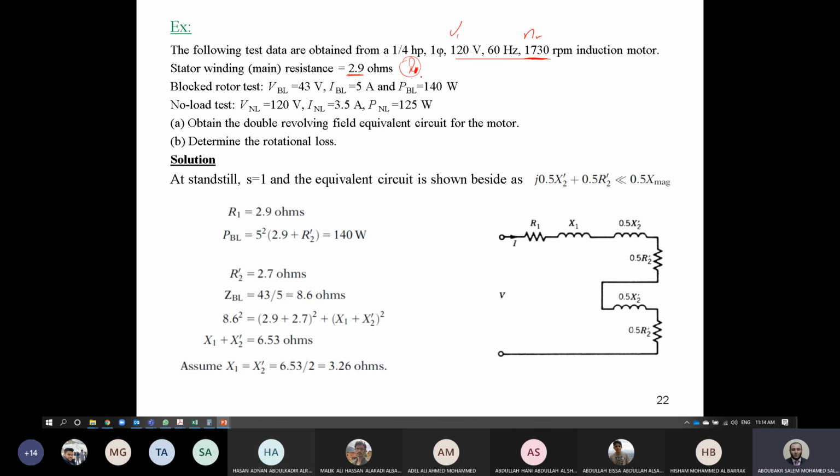Sometimes we use the form factor, guys. Form factor is the relation between RMS and average, or AC and DC quantity. Why? Because the value of R in AC quantity will be a bit different compared to the R in DC quantity. Why? Because the current in AC will flow in the outer surface of the conductor. However, the current in DC will flow in the central core of the conductor.